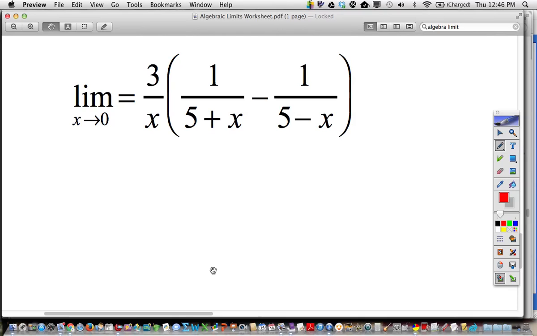Next one, as x approaches negative 1, well, they don't meet. So what do we say? The limit does not exist. No limit is okay too. But then the direction said to discuss the one-sided limits. So the car on the left is equal to 1, and the car on the right is equal to 2.